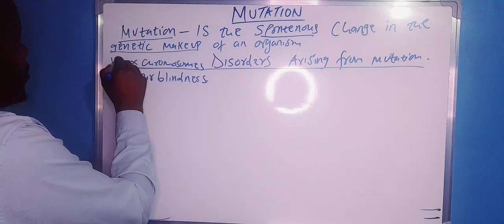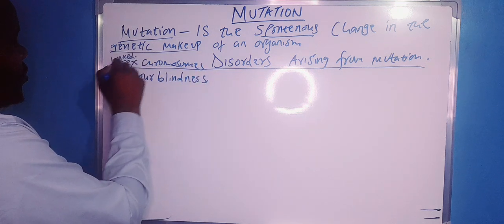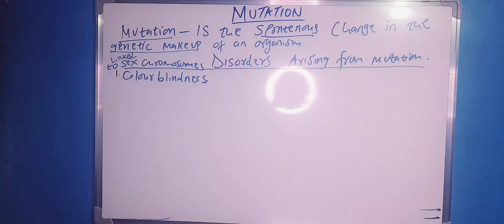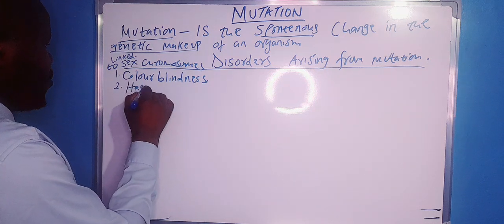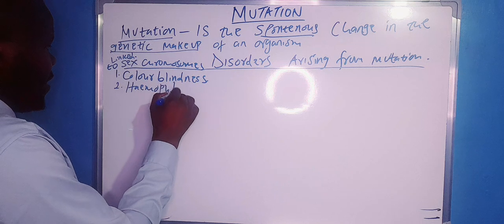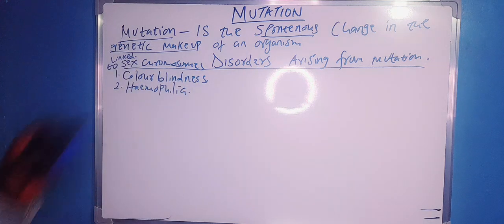Hope you are getting this one. We are saying they are linked to sex chromosomes. We have color blindness. Number two, we have hemophilia. Those are the ones which are linked to the sex chromosome.